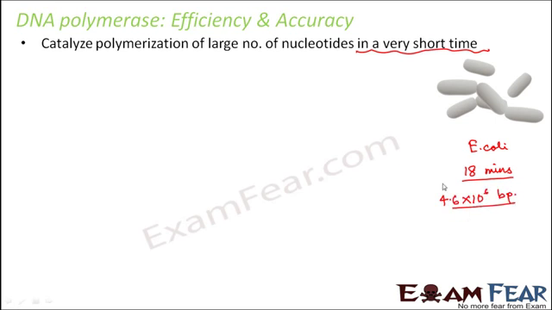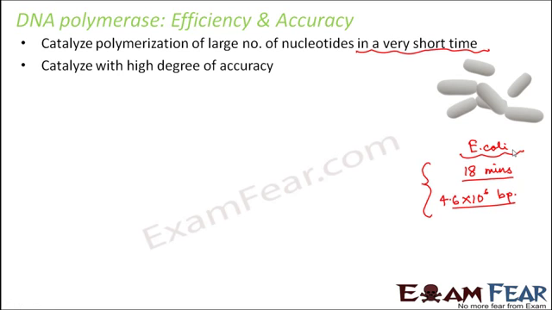If you calculate the rate of replication, it comes around 2,000 to 3,000 per second. So such a high number of base pairs, 2,000 to 3,000, are being created in just 1 second. So it is extremely fast.